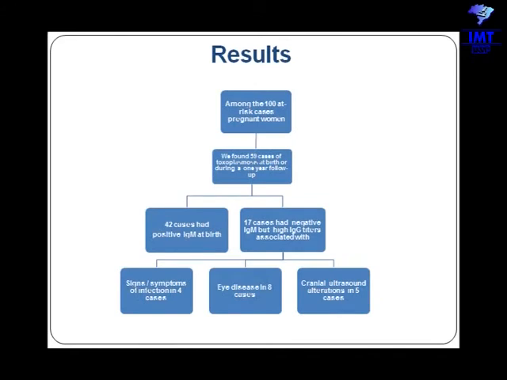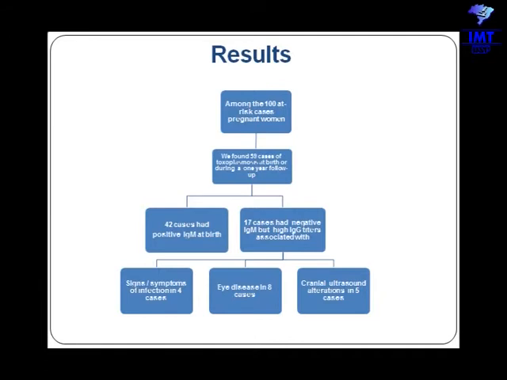My results: among the 100 at-risk pregnant women, we found 59 cases of toxoplasmosis at birth, all during a 1-year follow-up. Of these 59 cases, 42 had positive IgM at birth, and 17 cases had negative IgM but had IgG titers associated with signs and symptoms.